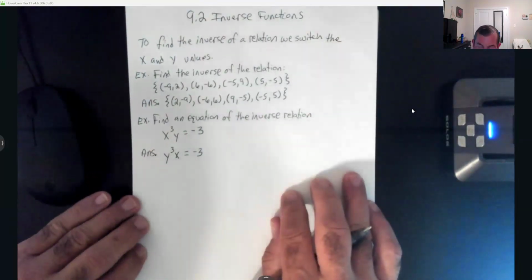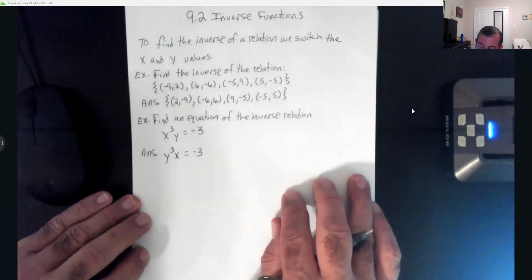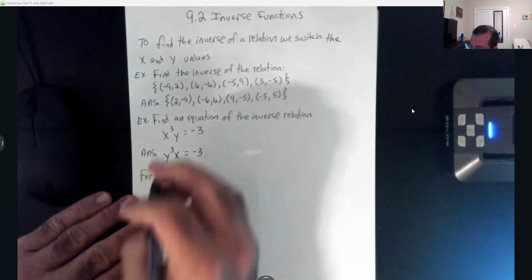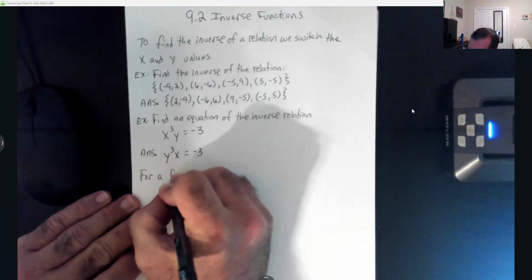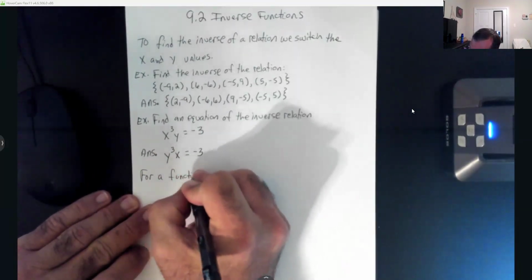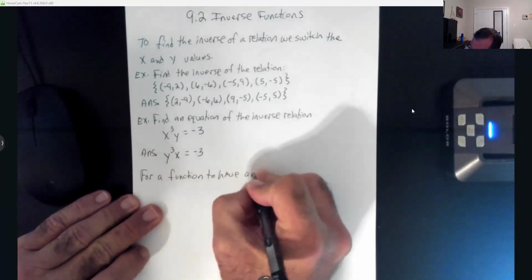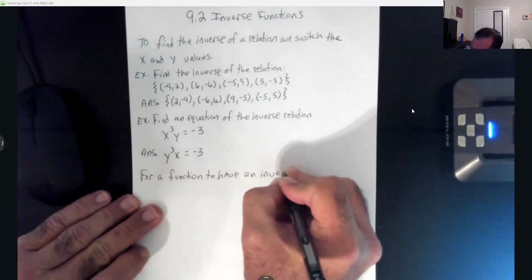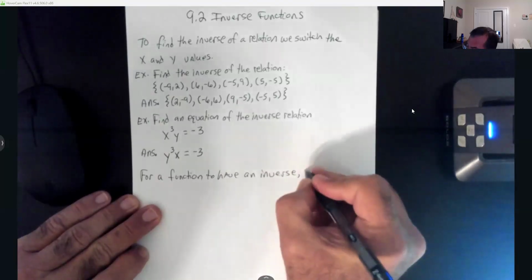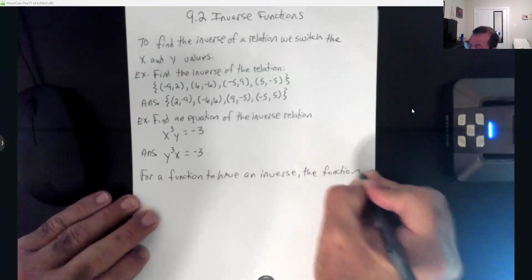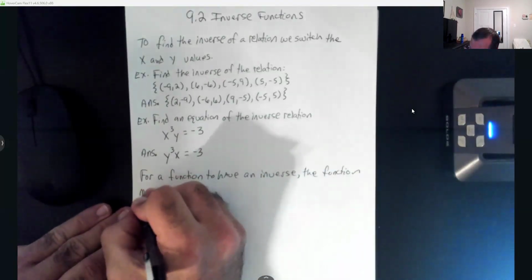Now, we're going to start writing a little bit of definition here. So we're going to start looking at functions. For a function to have an inverse, the function must be 1-to-1.